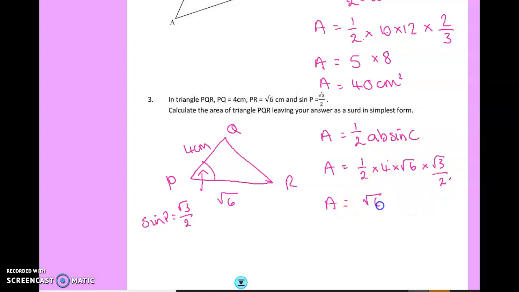So I'm left with √6 times √3. √6 times √3 is √18. √18 is the same as the square root of 9 times the square root of 2. Square root of 9 is 3. 3√2 centimetres squared. I'll leave you to practice some of these.